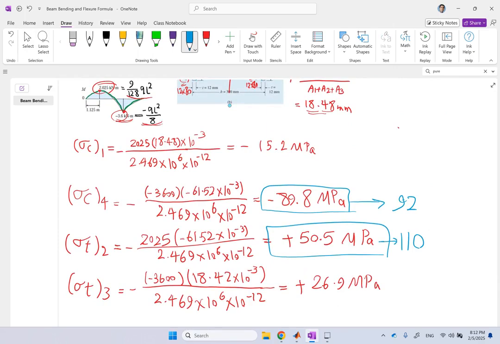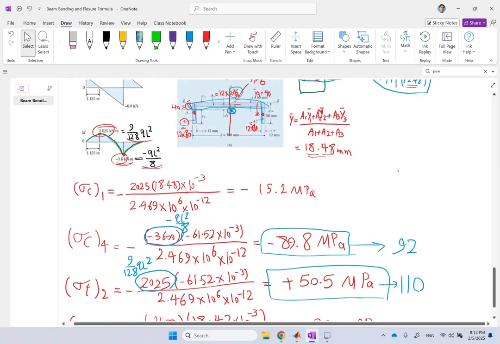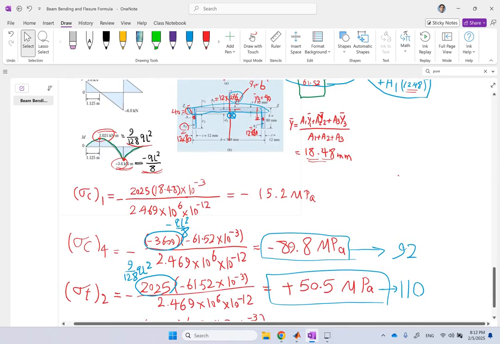But instead of having those numbers, I have to use the equivalent formula. For the negative 3600, I have to use negative QL squared over 8. And for this one, I have to use 9 over 128 QL squared. And L is the length of the beam in this case, okay?